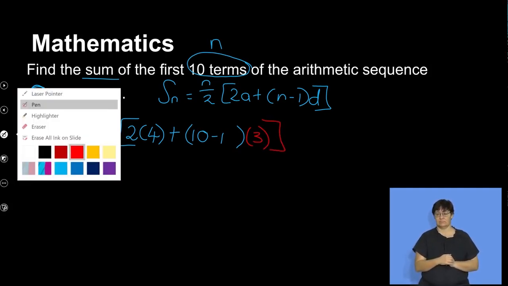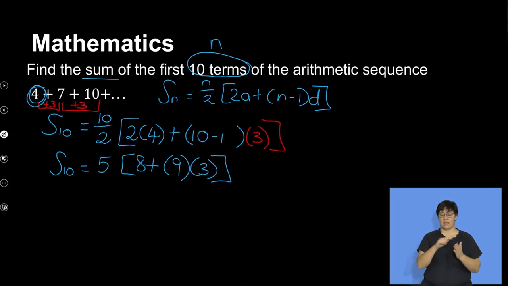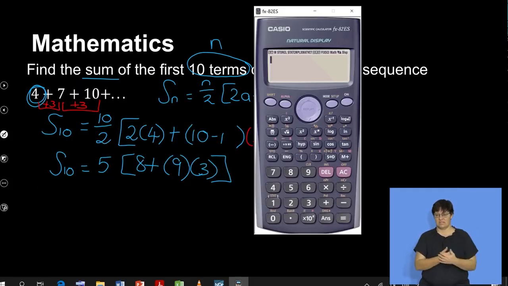Now if I simplify this next line, the sum of the first 10 terms of this series will be 5 times 8 plus 9 times 3. Now I can get my calculator out just to make it a bit faster. I'm going to have 5 times 8 plus 9 times 3.